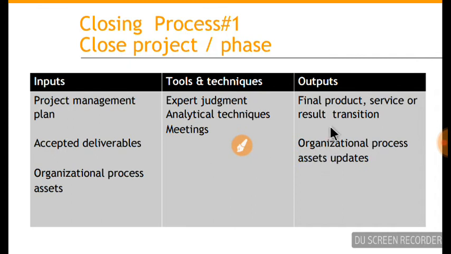Then the output is the final accepted product, service, or result transition to the next stakeholder. If it is an IT project which follows a kind of waterfall, once the requirements are done, there will be a formal closure of the requirements phase, and the approved requirements will get transferred to the design team.